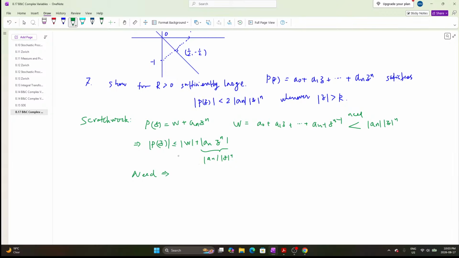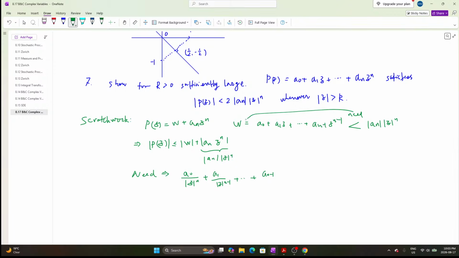Well, you can divide by z modulus to the n on both sides. You can say an over z to the n, plus a1 over z modulus to the n minus 1, goes all the way to a n minus 1. Sorry, my bad, there should be a modulus here.